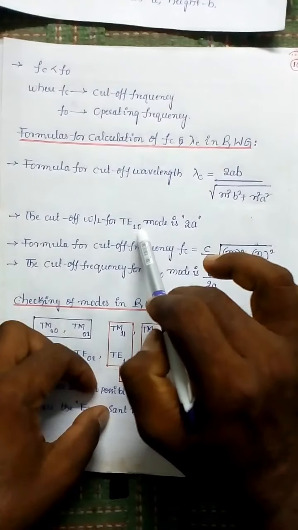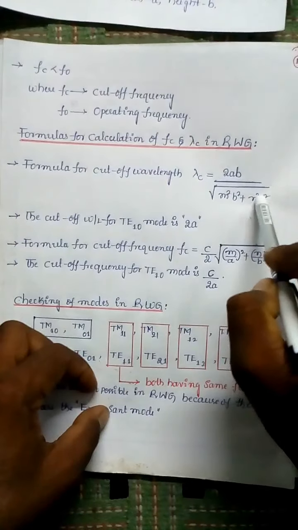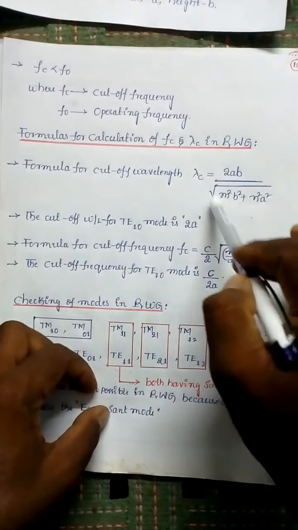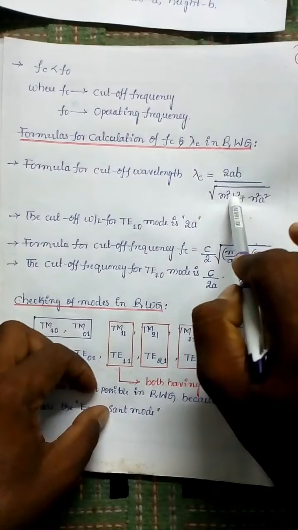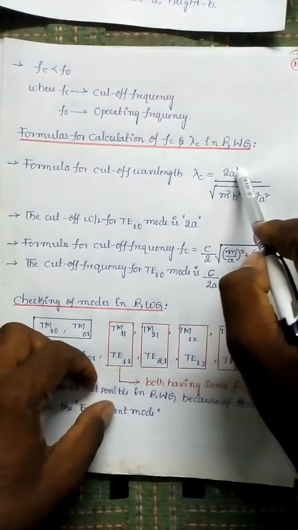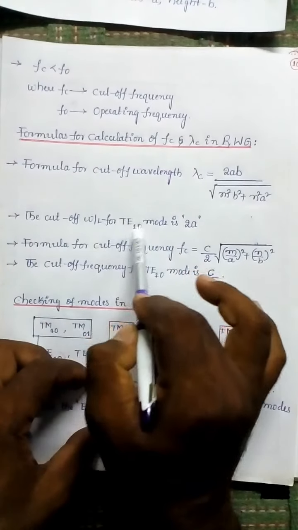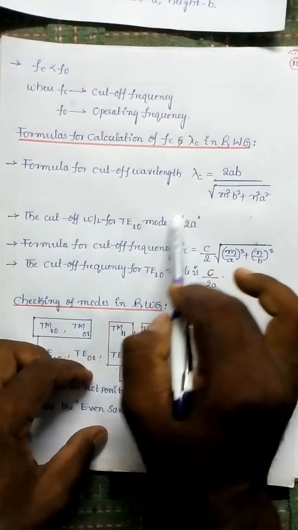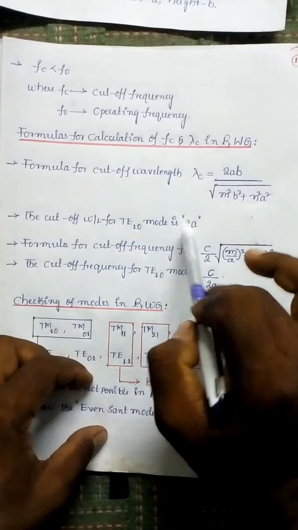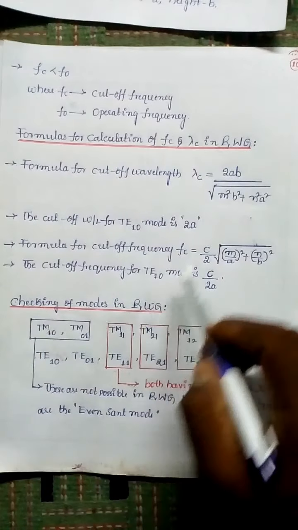So 1 squared times b squared is b squared, and the square root of b squared is b. Finally 2ab by b, the b cancels, and we get 2a. This is the cutoff wavelength for the TE10 mode. Just remember, it is 2a.